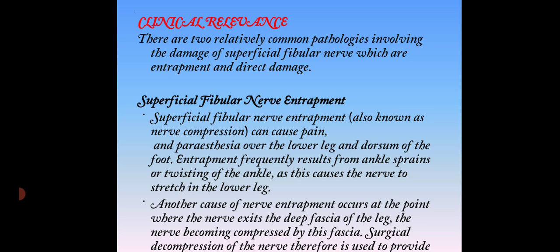Another cause of nerve entrapment occurs at the point where the nerve exits the deep fascia of the leg, the nerve becoming compressed by this fascia. Surgical decompression of the nerve, therefore, is used to provide relief from symptoms and pain.